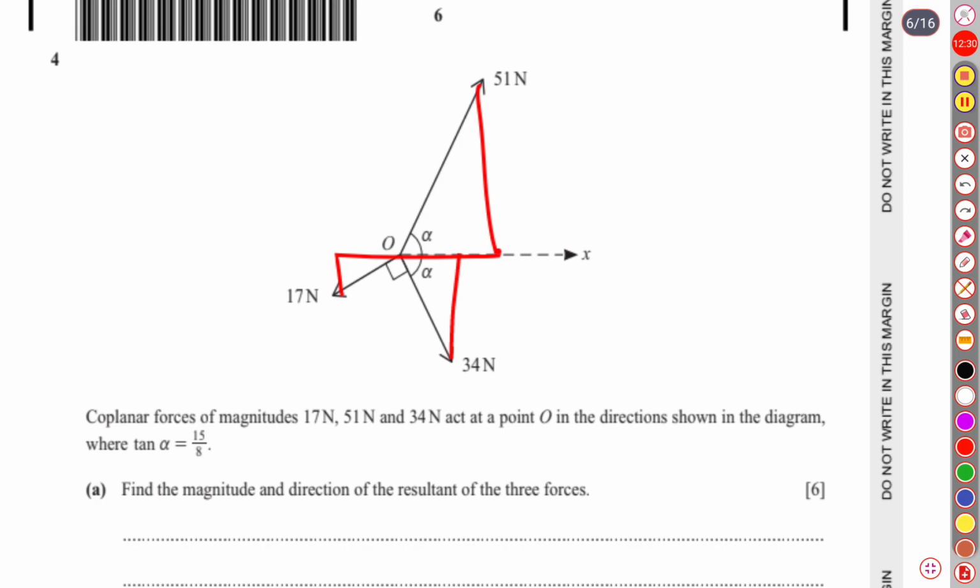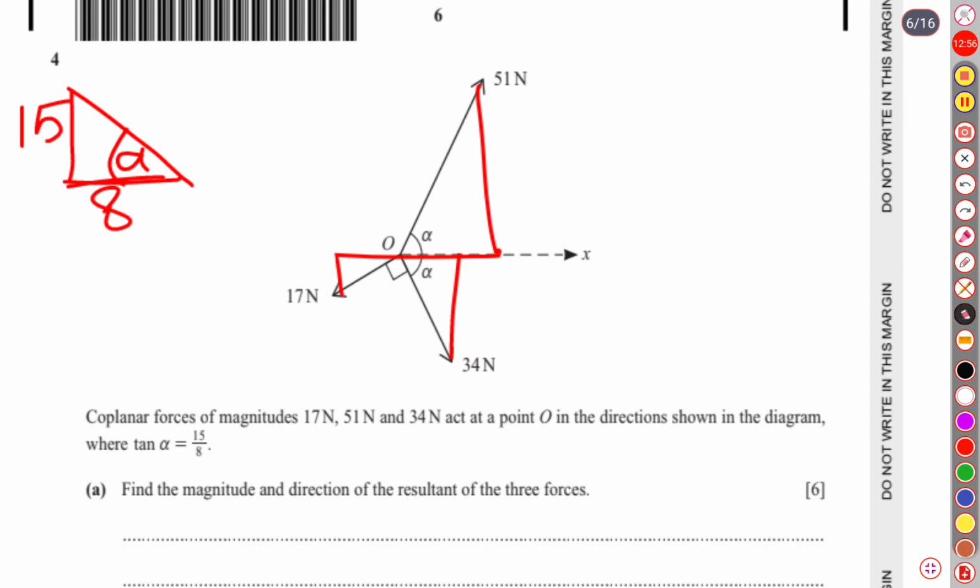Then there is one more piece of information given here, which is tan alpha is 15 over 8. So in the triangle, this angle is alpha, and tan alpha is, we know, opposite over adjacent. Opposite is 15 and adjacent is 8. Now we require the hypotenuse.